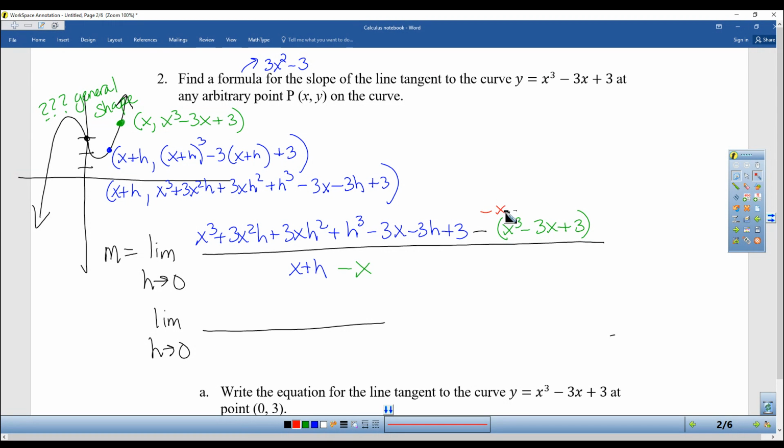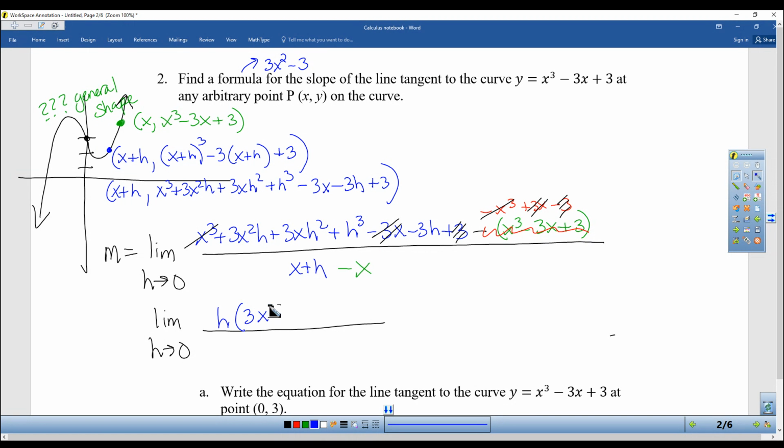So I'm just going to go ahead and distribute that negative. I'm not going to, it's too long a problem to write all the way out. So I'm just going to distribute it like that. And now I'm going to cancel out what I can. So the x cubes cancel, the 3x's cancel, and the 3's cancel. I am left with everything else in blue, and I'm going to also skip another step, I'm trying to save myself a little time here, and factor out the h.